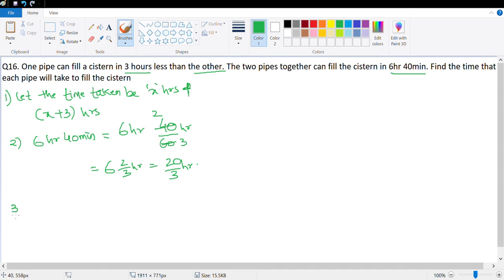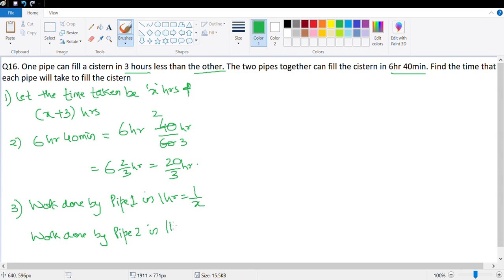Now this question is exactly same like the one we did earlier, which means work done by pipe 1 in 1 hour would be equal to 1 upon x, and work done by pipe 2 in 1 hour would be equal to 1 upon x plus 3.